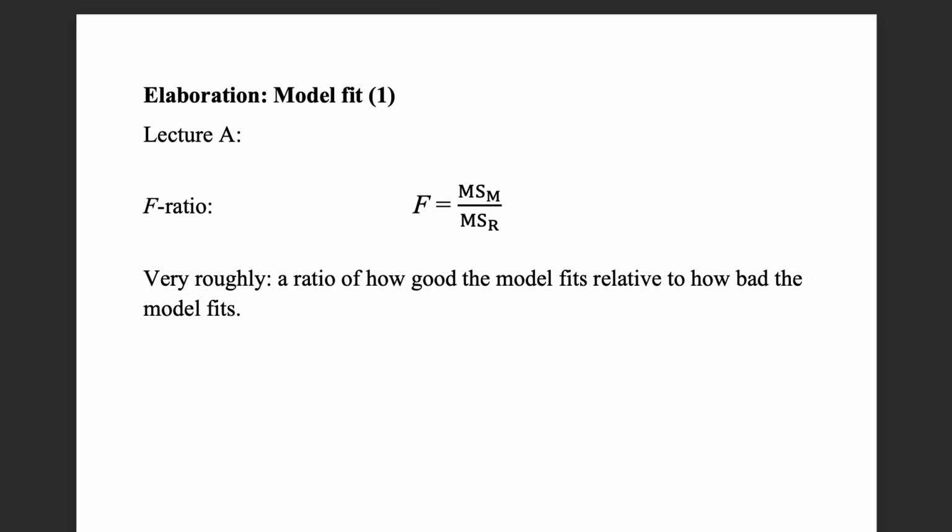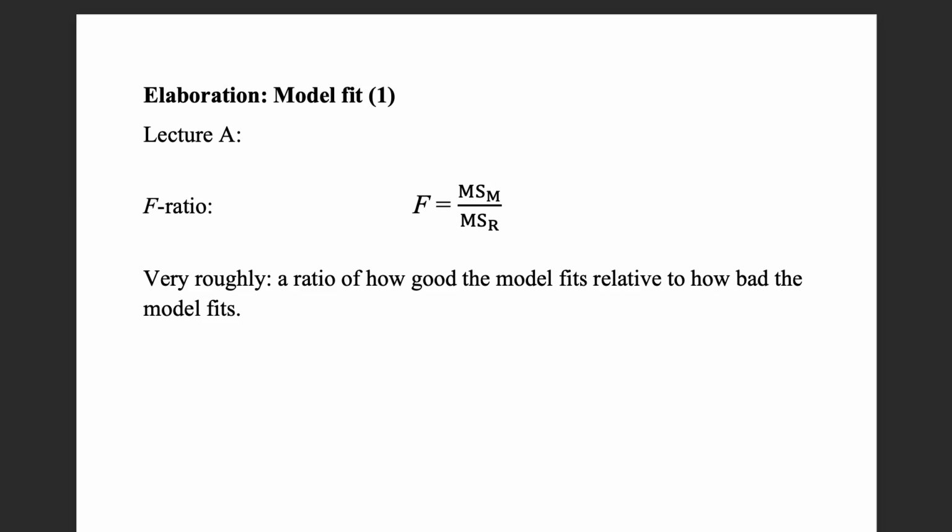Now, what does this F ratio represent? Well, you could say, very, very roughly, it represents a ratio of how well the model fits the data relative to how badly the model fits the data. So the sum of squares of the model, for which the mean is on top of that fraction, indicates basically how much better my predictions became in this model compared to just using the mean as a prediction for my dependent variable.